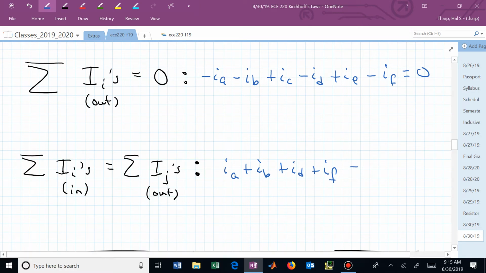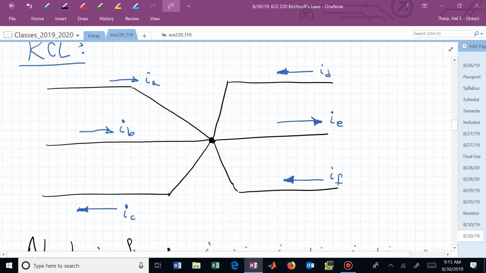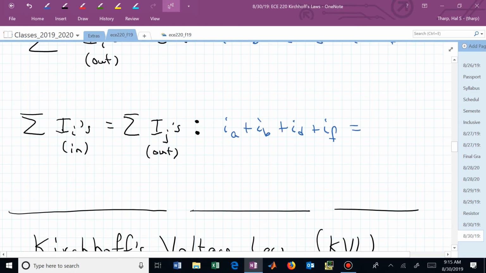And those are equal to the currents going out, which are I sub C and I sub E. Not changing the signs of anything, because now I'm keeping track of the signs or the directions by which side of the equality sign I'm putting them on.